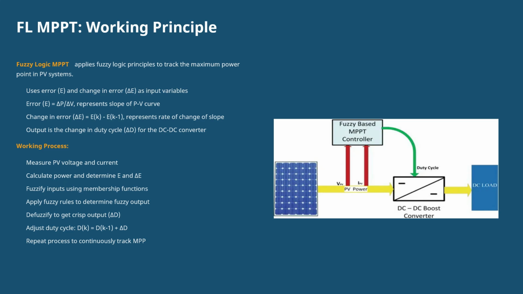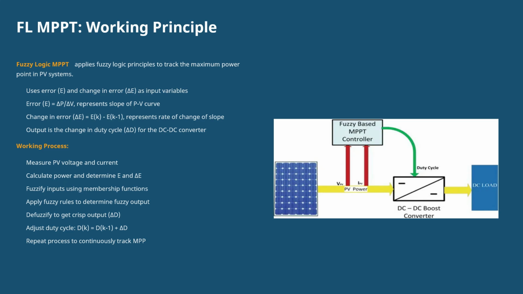In fuzzy logic MPPT, we track the MPPT using two input variables. First is error, that is equal to change in power divided by change in voltage, essentially the slope of the PV curve. After that, we go with change in error, known as delta E. It is equal to the error at an instant, let's say k, minus the error at the previous instant, e k minus 1.